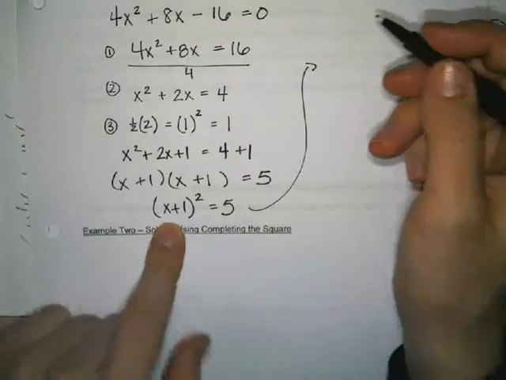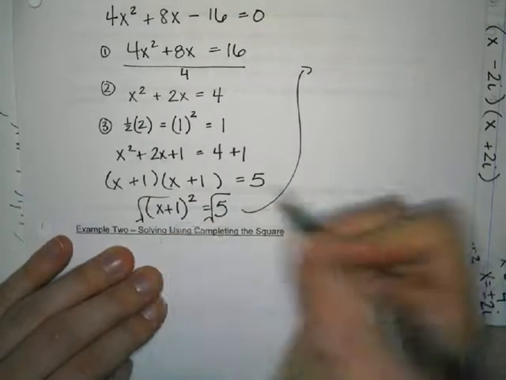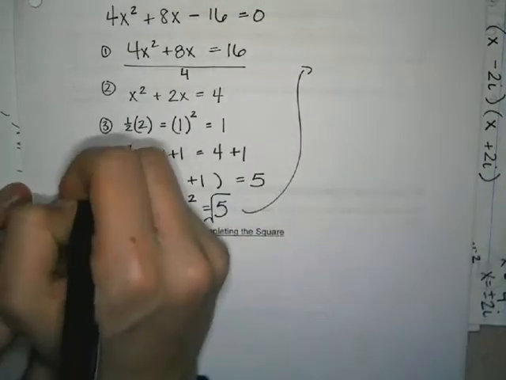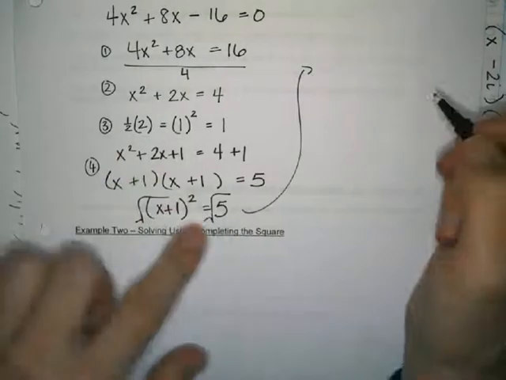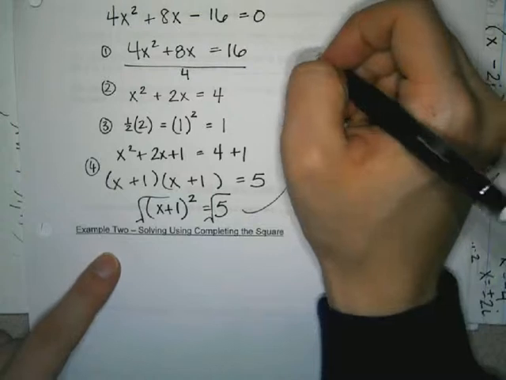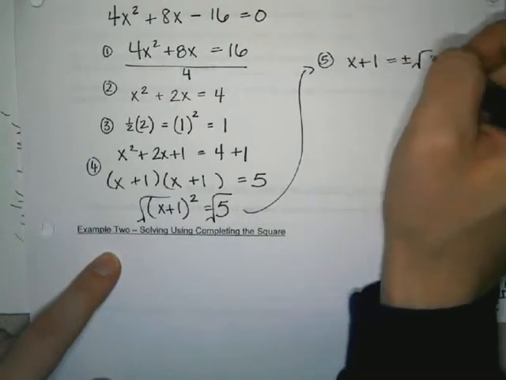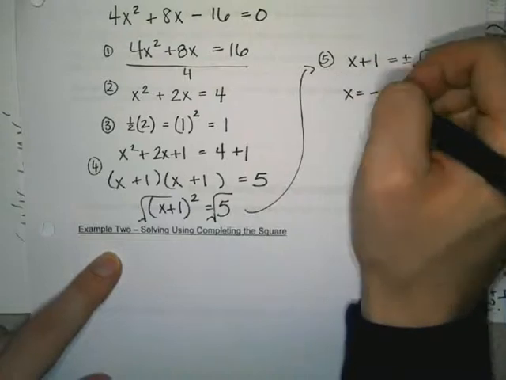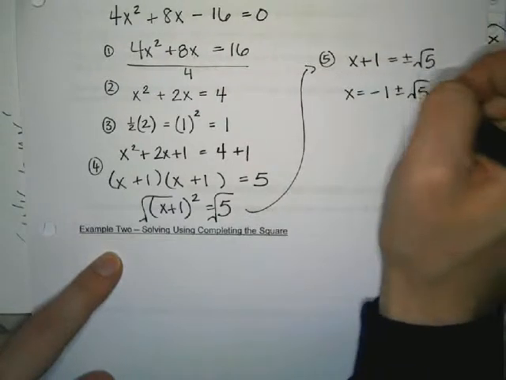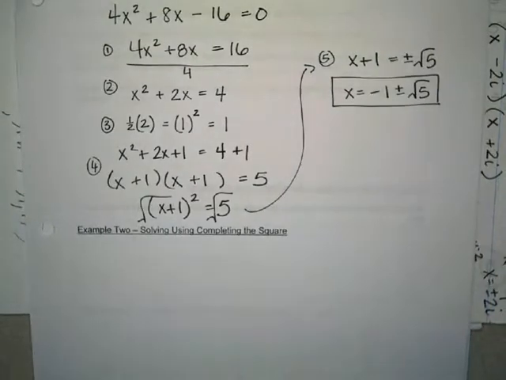Once your squared term is by itself, you can solve, sorry, this was step 4 here. You can solve this by taking the square root of both sides. If you do that, you get x plus 1 equals plus or minus square root of 5. And then x will equal negative 1 plus or minus square root of 5. Okay, so that's the basic process there.